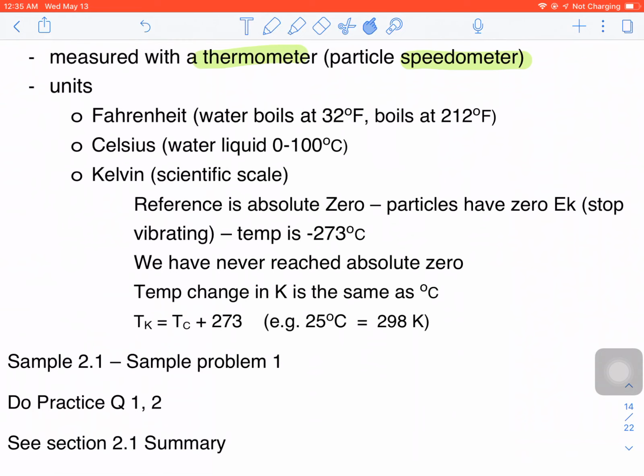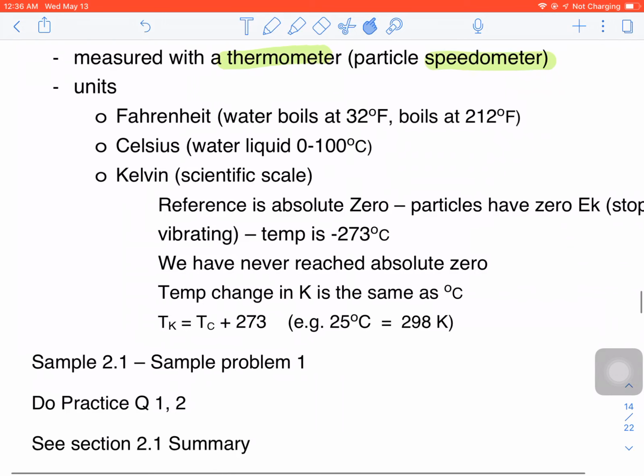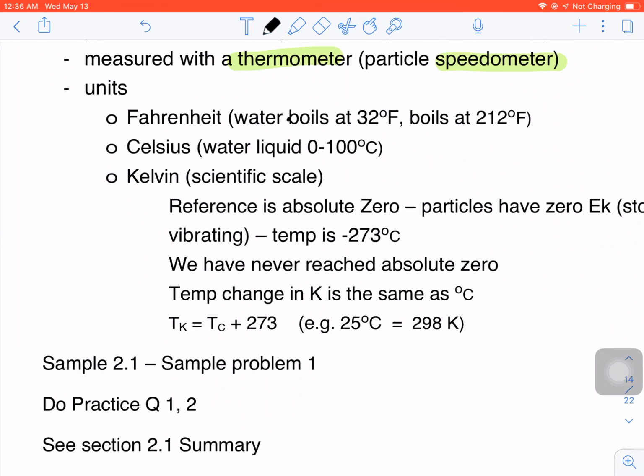So von Fahrenheit came up with a scale, which is a temperature scale. And again, I don't really know the history behind why the scale is what it is, but ultimately we know that water freezes and melts. Sorry, it doesn't boil at 32. It freezes or melts at 32 degrees Fahrenheit, and it will boil at 212 degrees Fahrenheit.